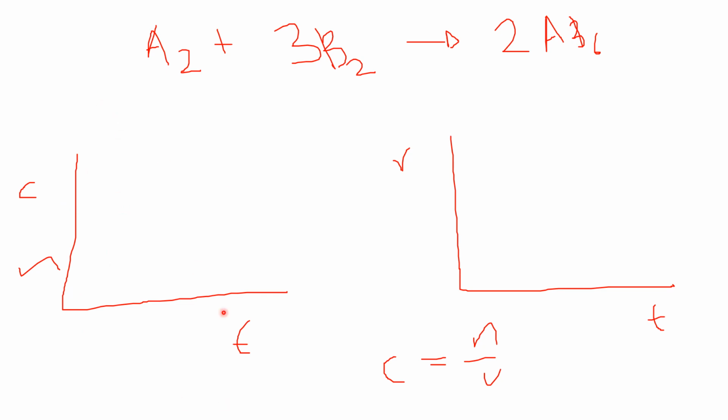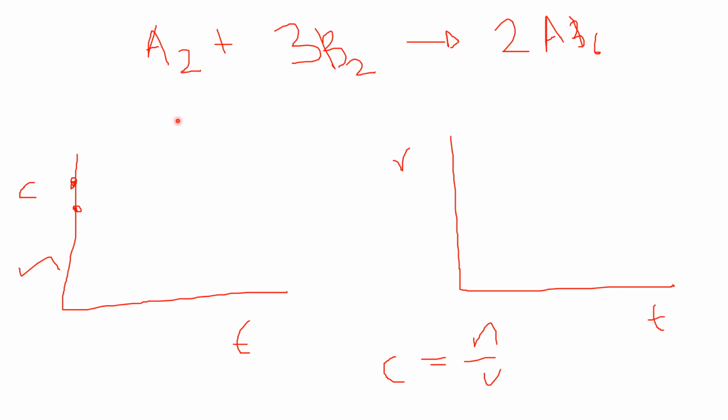So let's say, for example, you will see now A2 here will have less concentration than B2 because B2 has more number of moles. So let me make this B2, because it will have more concentration than A2, and then this will be A2 here. Okay, now look at what is happening.